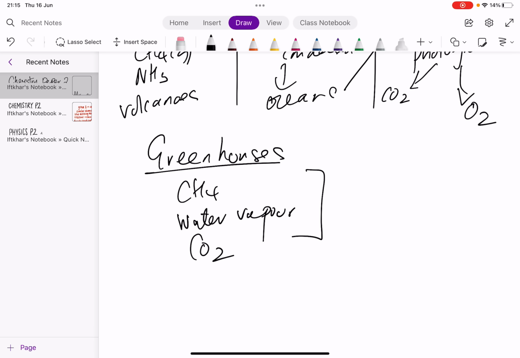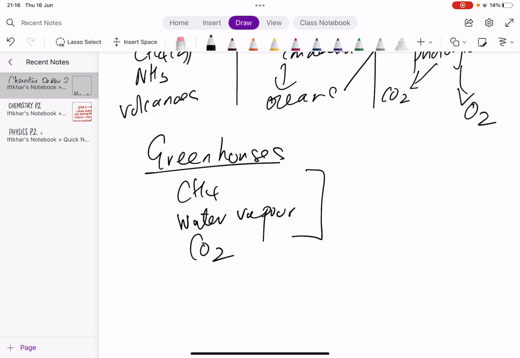What happens is the energy from the sun is transferred to the Earth by infrared or light. Some energy is absorbed by the Earth's surface, which warms it up. The warm Earth emits infrared, and some gases, like greenhouse gases, absorb infrared radiation. When these gases re-emit this energy, some of it goes back to the Earth's surface.